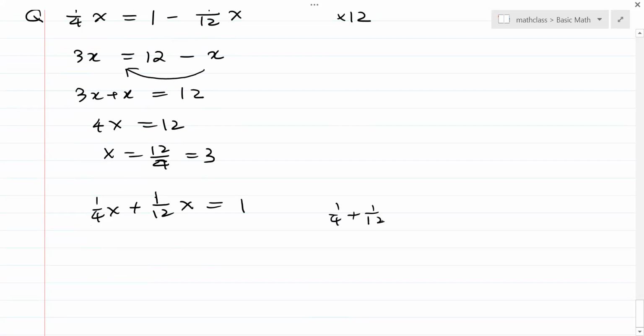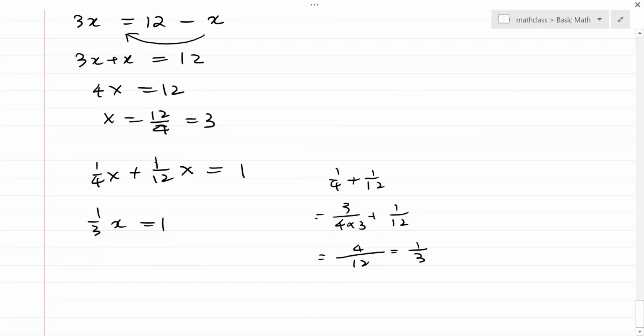You get a common denominator, 12. 3 plus 1 is 4, then you simplify to 1/3. So you get 1/3 x equals 1. Then you multiply both sides by 3, you get 3.